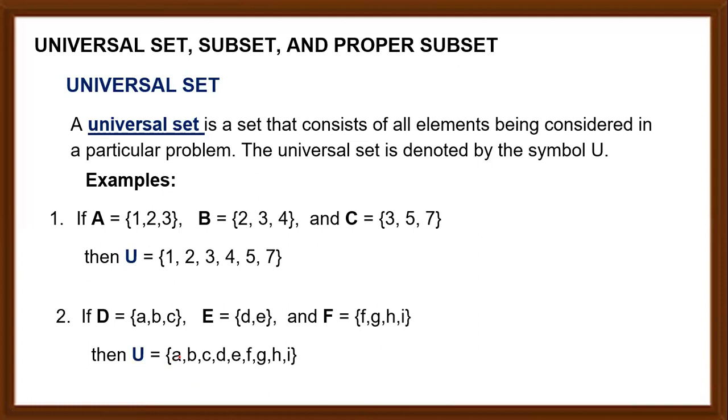We have these elements A, B, C, D, E, F, G, H, I. Don't forget to separate by comma and enclose by braces. And take note, no, distinct elements. Kapag may kaparehas yung letter dyan, isang beses mo lang isusulat dito. Okay, that is how to name or write a universal set. Yun yung ibig sabihin ng universal set.